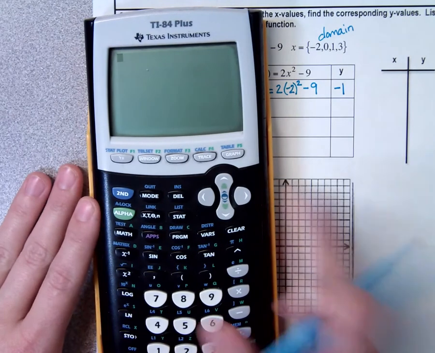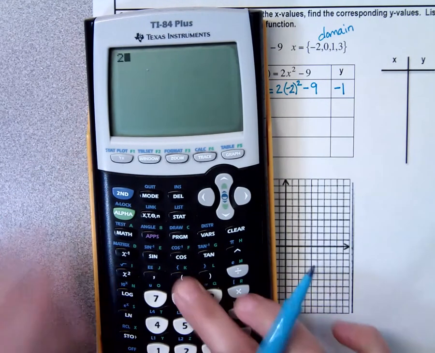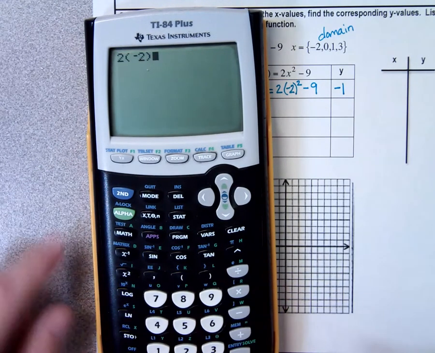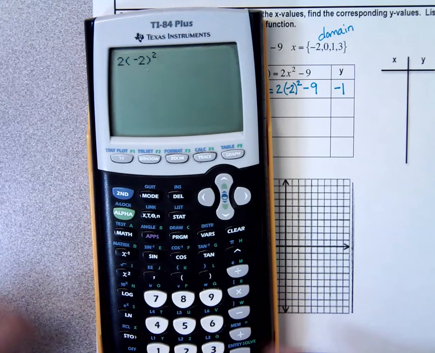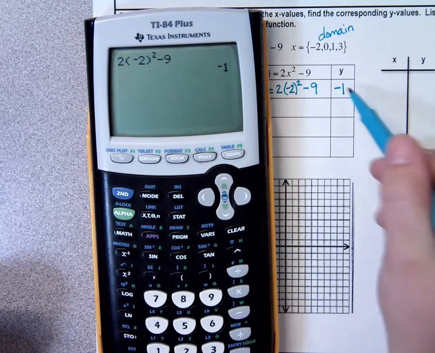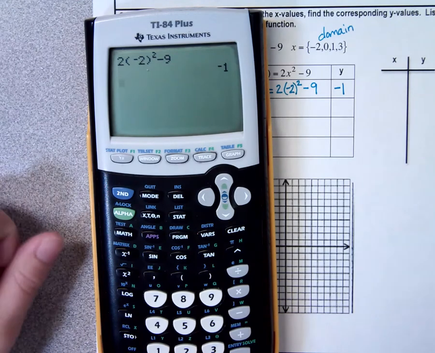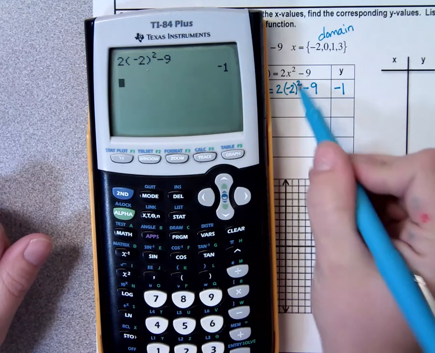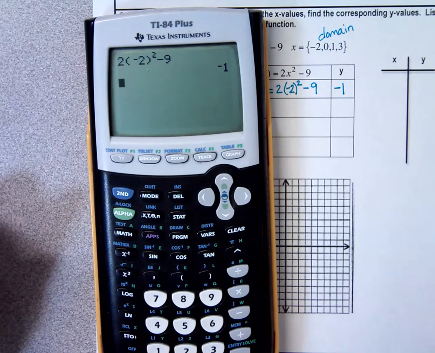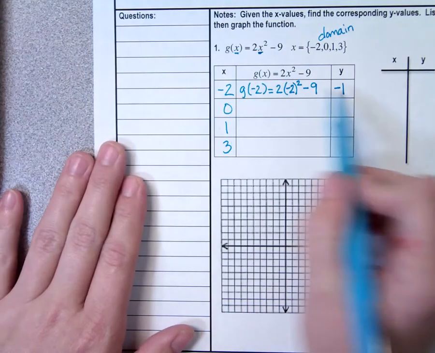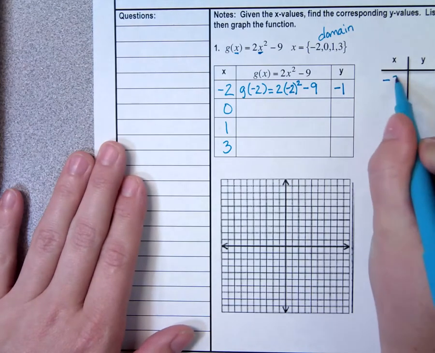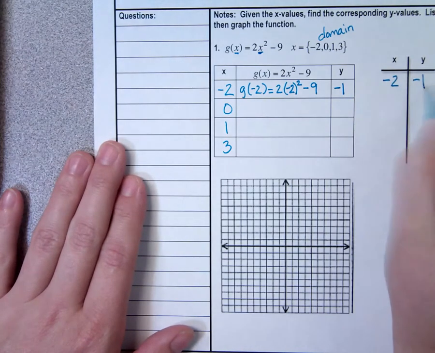So I could plug in what I wrote right here, 2 parenthesis -2, close it. The x squared button gives me the squared, and then minus 9, and you can see I get -1. So either we can use our calculator to help us, or we can just follow our rules of order of operations.